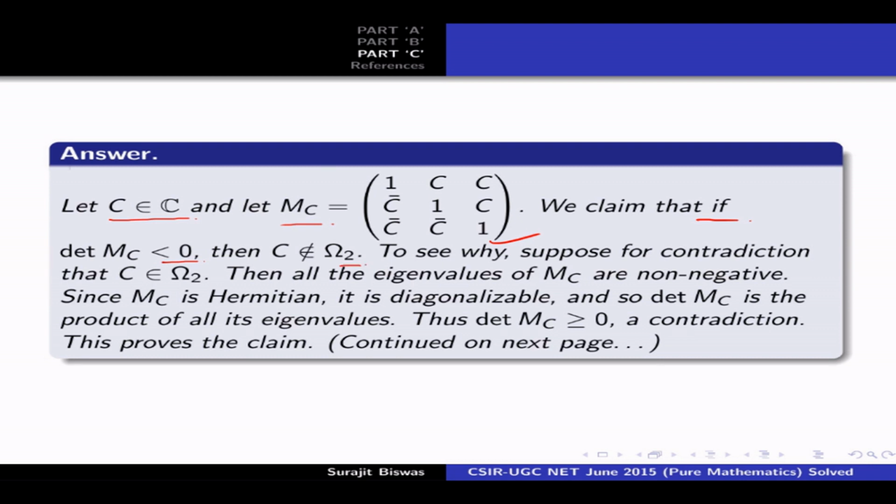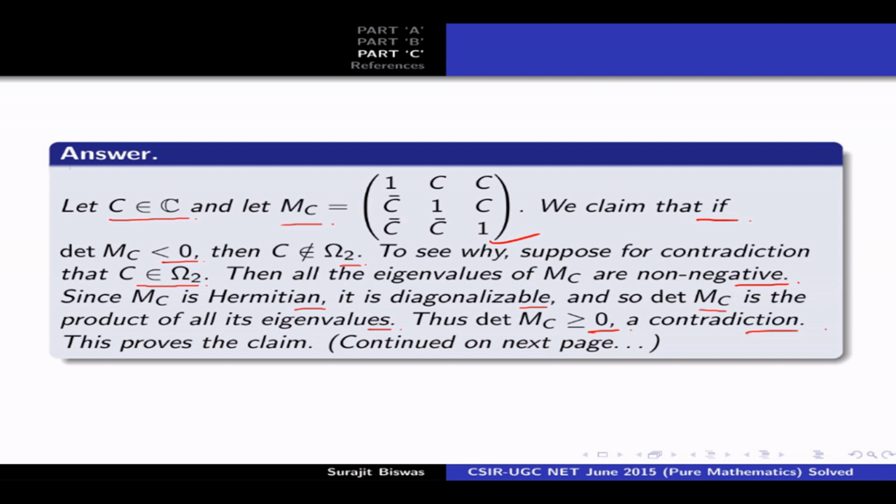To see why, suppose for contradiction that C belongs to omega 2, then all the eigenvalues of MC are non-negative. Since MC is Hermitian, it is diagonalizable, and so determinant MC is the product of all its eigenvalues. Thus determinant of MC would be greater than equal to 0, a contradiction, and therefore we have established the claim.